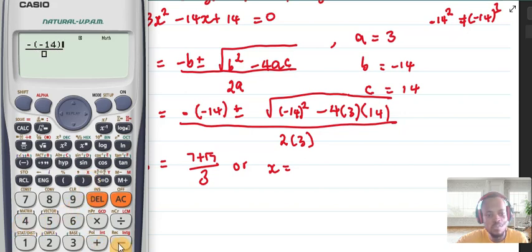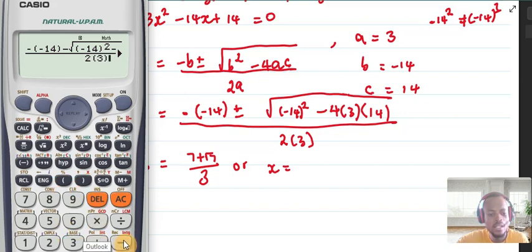Now you don't put plus, you put minus. b squared is minus 14. You square it, minus 4, multiply by 3, which is the value of a, and 14 is the value of c. It's all over 2 times the value of a, we know is 3.